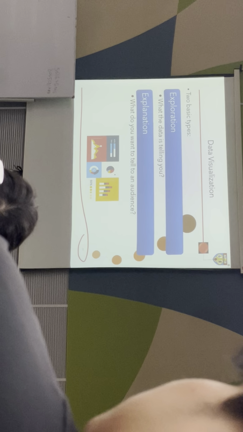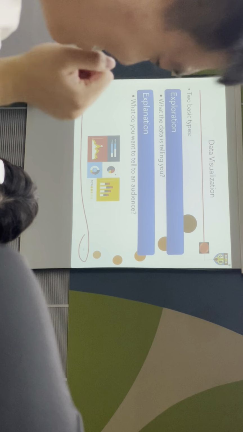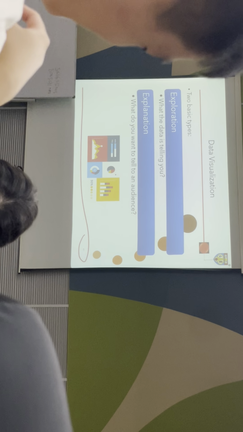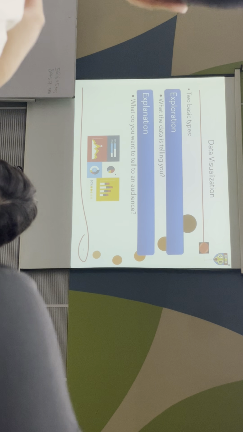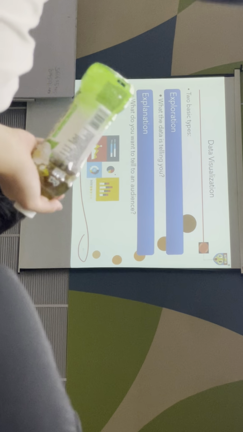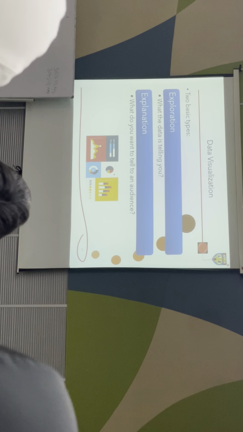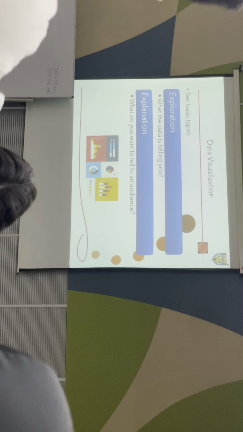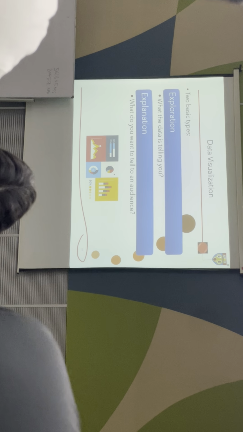Okay, so why do we need to turn our data into graphs or charts? Because we want to help the audience to understand the information better. So instead of providing the table for the audience, as human beings we can understand information better if we are using visualization from graphs or charts.